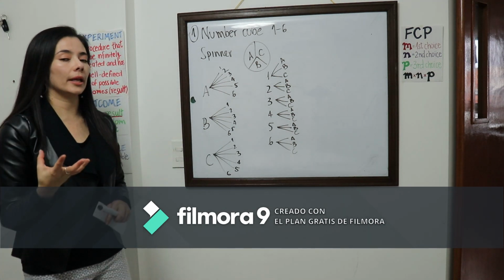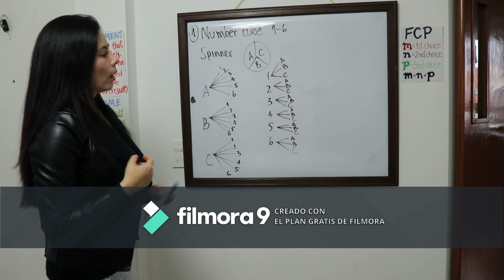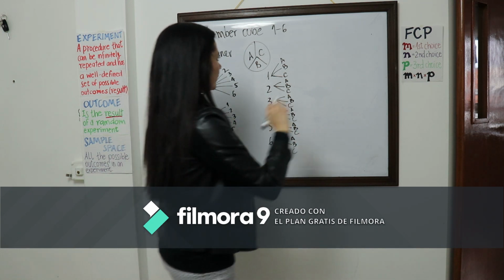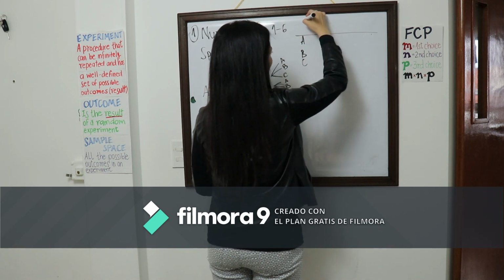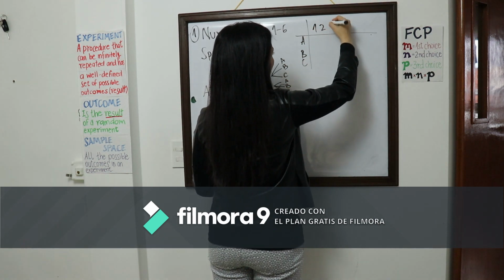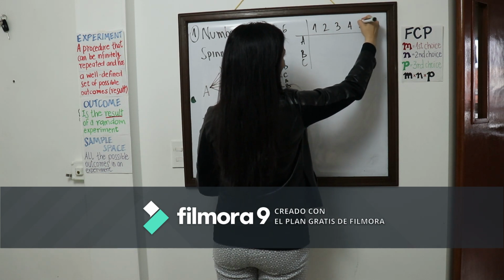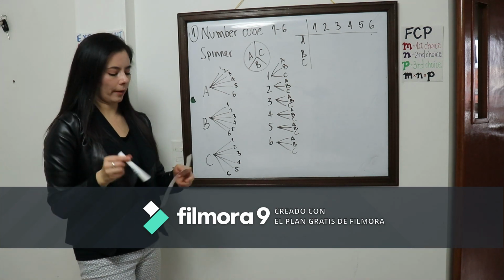I need to see how many options do I get in the sample space. Okay? Now, do I want to do the list or the grid? Sure. Again, same thing. A, B, and C. And then 1, 2, 3, 4, 5, and 6. And you work it out the same way. Okay?